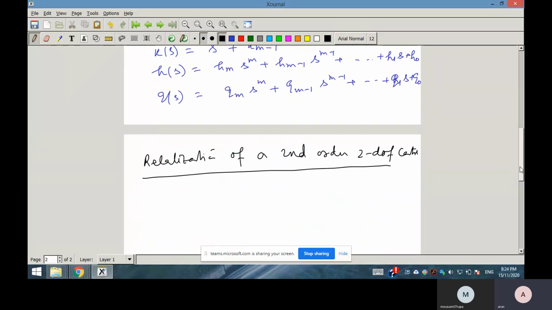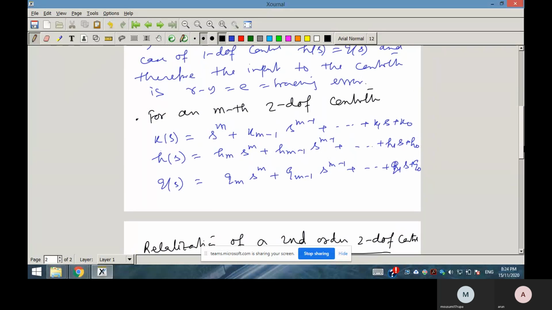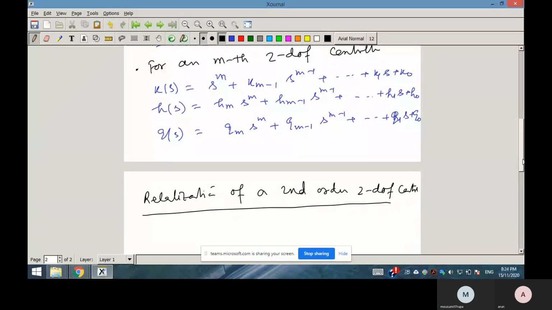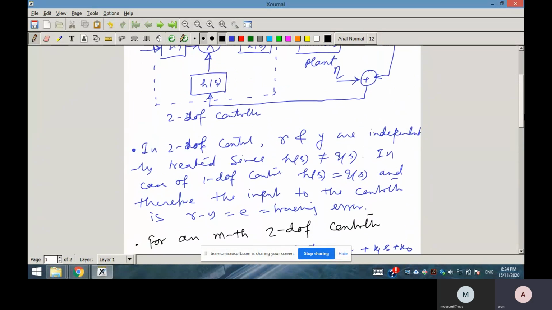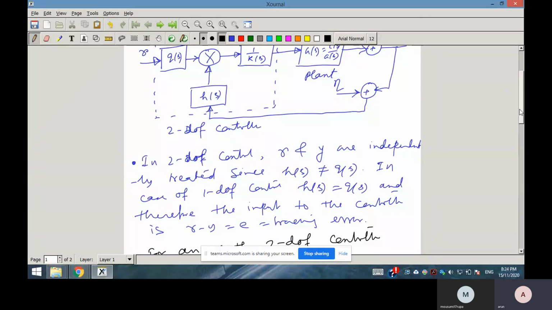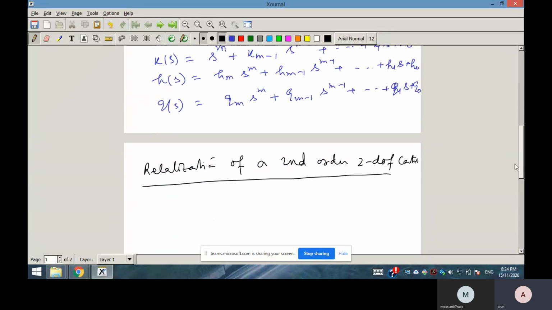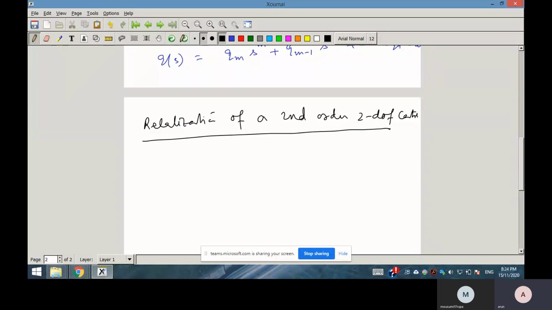That means in that case m equal to 2. So it can be represented in an observer canonical form. It is not yet taught in your course.